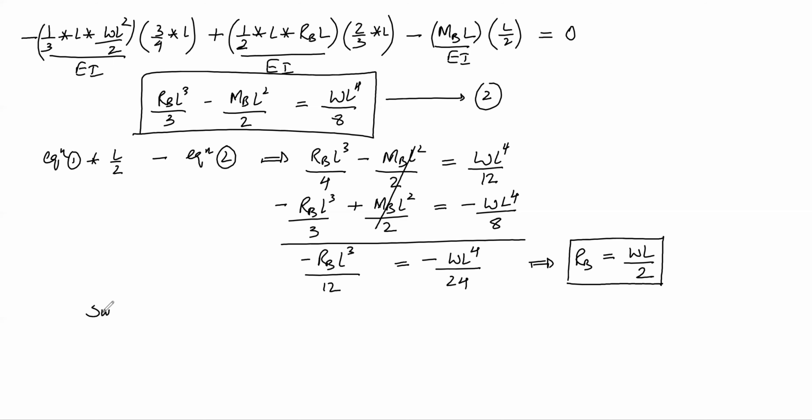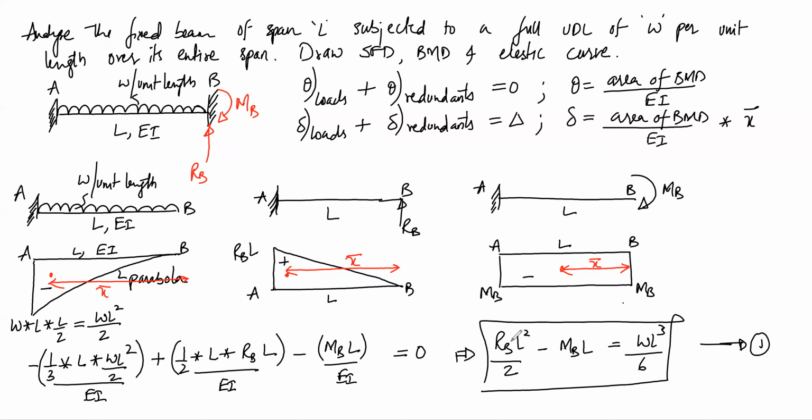So let us say substituting RB is equal to WL by 2 in equation 1, we get, so here in equation 1 we know the value of RB, so we can calculate the value of MB.